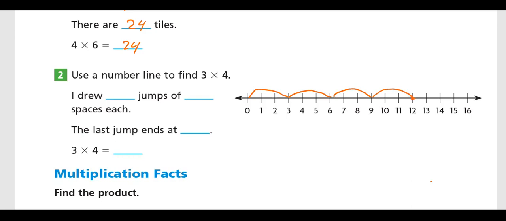So this is my answer. I draw 4 jumps of 3. The last jump ends at 12. So 3 times 4 is 12.